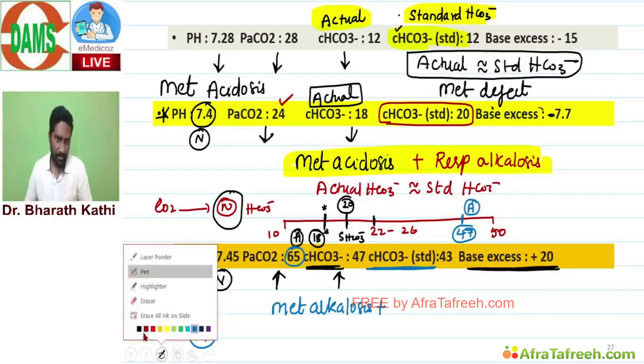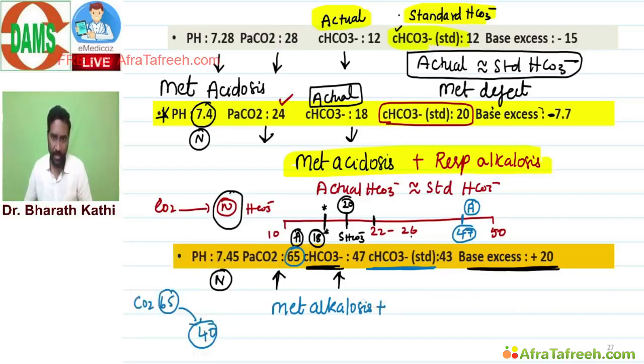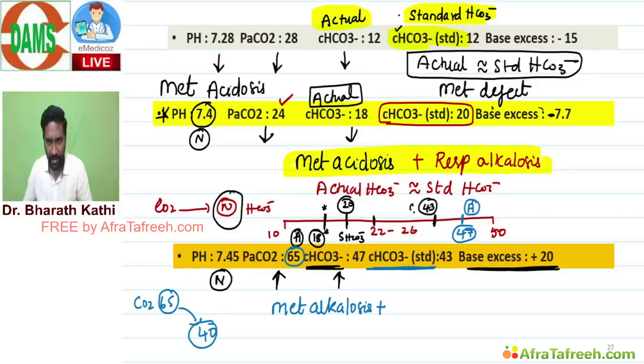When CO2 was decreased to 40, this standard bicarbonate has come to 43. It means again the actual bicarbonate and standard bicarbonate are not correlating.